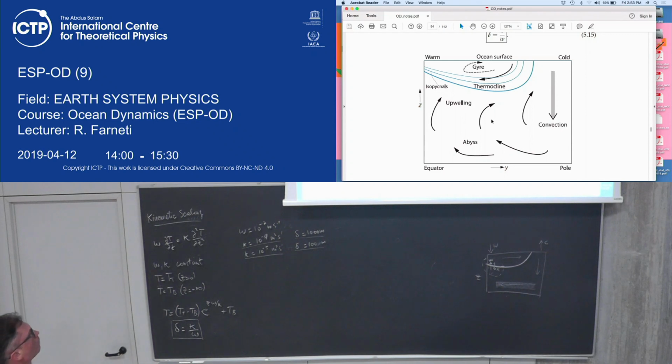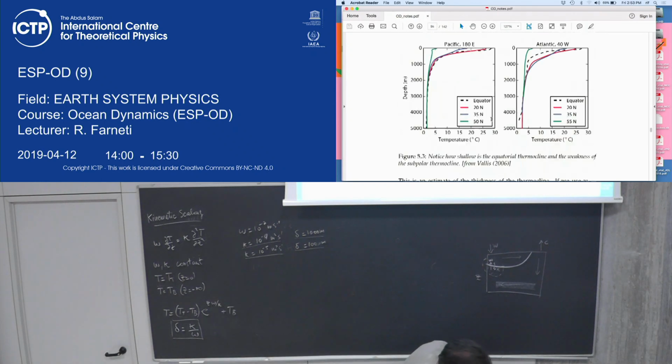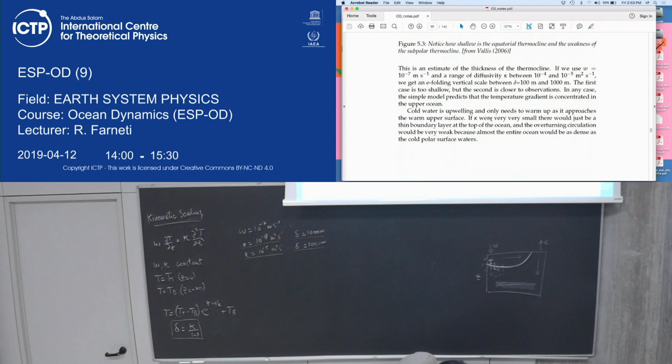So the advective diffusive scaling for the thermocline is probably not the best to explain the observed thickness of the thermocline, but at least it's telling you something. What it's telling you is that the temperature gradient is concentrated in the upper ocean. Okay?